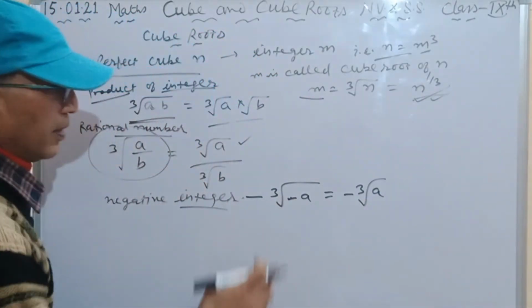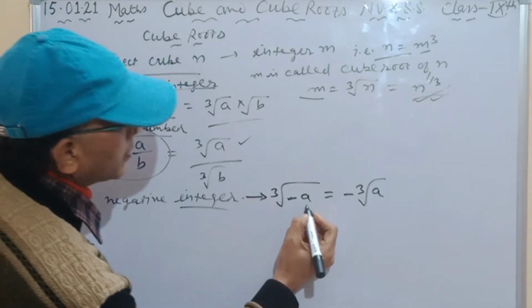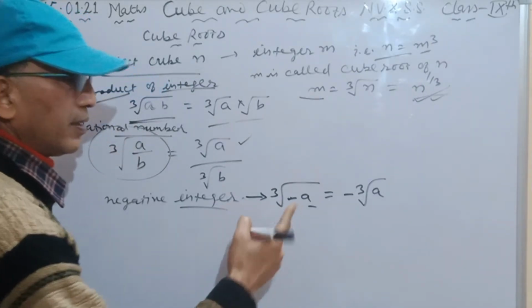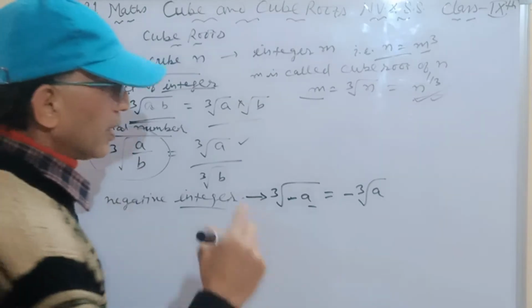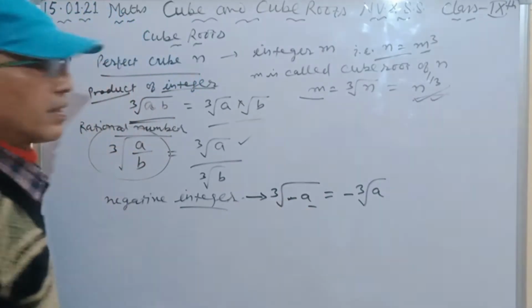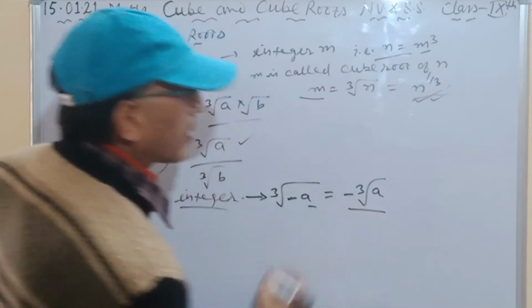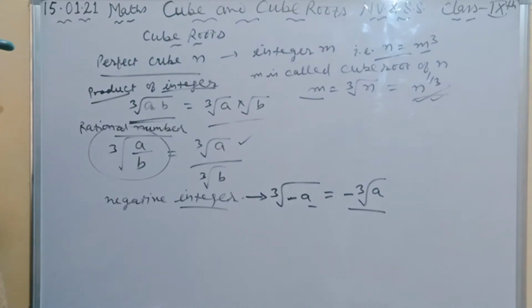That means if the integer a is negative, then the cube root of the integer will be this way: minus comes outside, and the cube root of a.